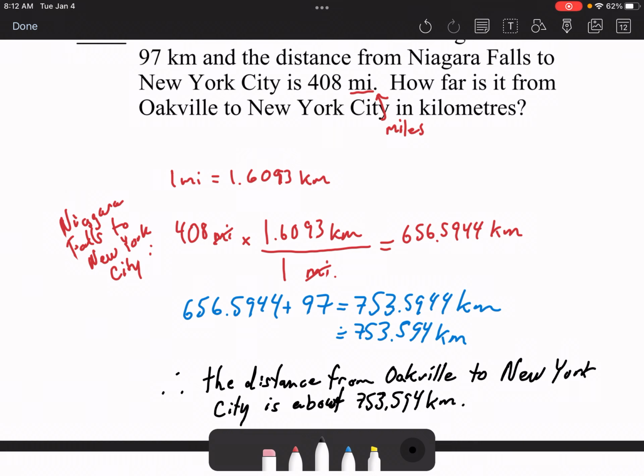And I use a term about or approximately in distance so that I can actually show you that I've actually approximated my distance.